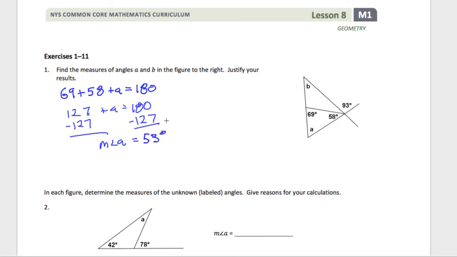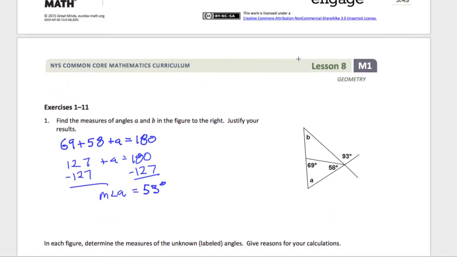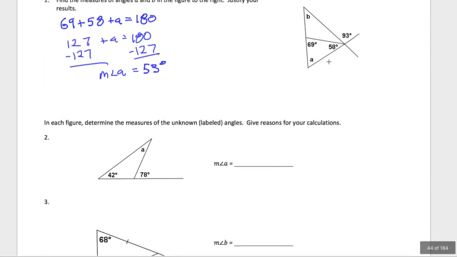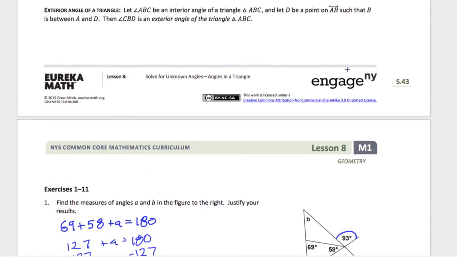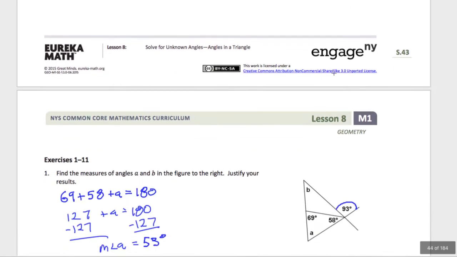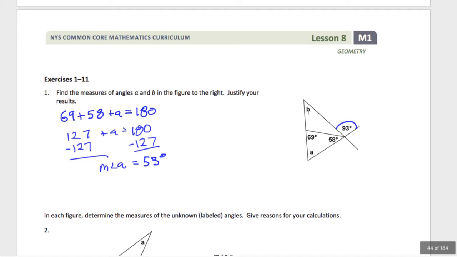53 degrees. To find the measure of angle B, there are two ways I can do it: a long way and a shortcut way, and I just showed you the shortcut way. The long way is to find that this is 180 degrees, find this missing angle, and then find this angle. The shortcut is knowing that this angle, the equivalent of the red angle A, is equal to this A and B up here.